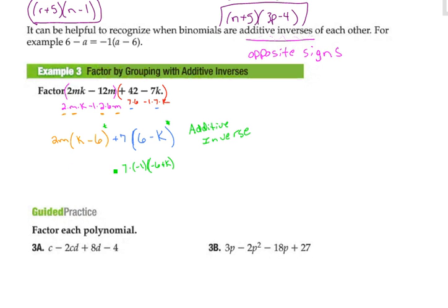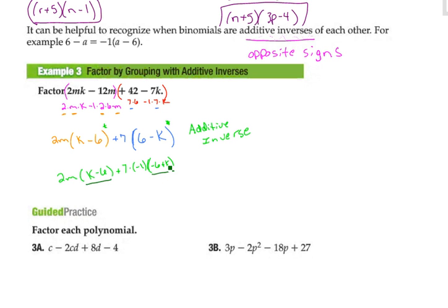That does work. Okay, so I'm going to write 2m times k minus 6 here with a positive 7 times a -1 right here. So this is an additive inverse where I did have to keep going and take out a -1. Now let me see what I just did. What I just did was I do now have a common binomial.